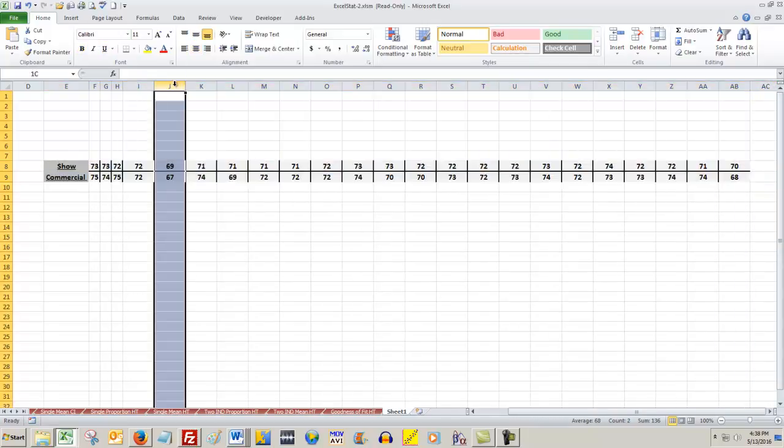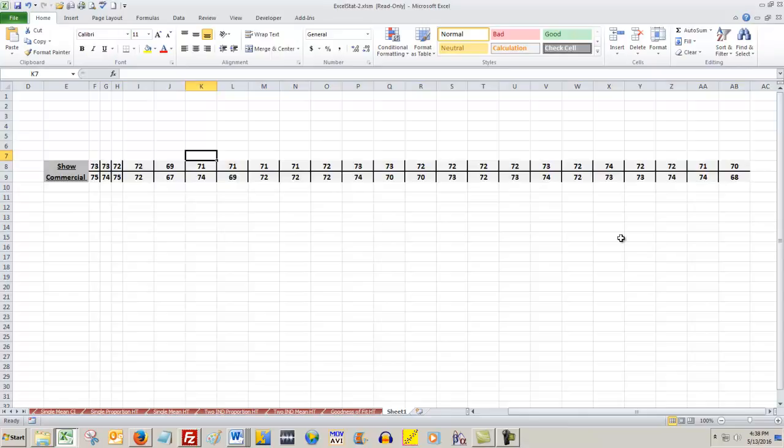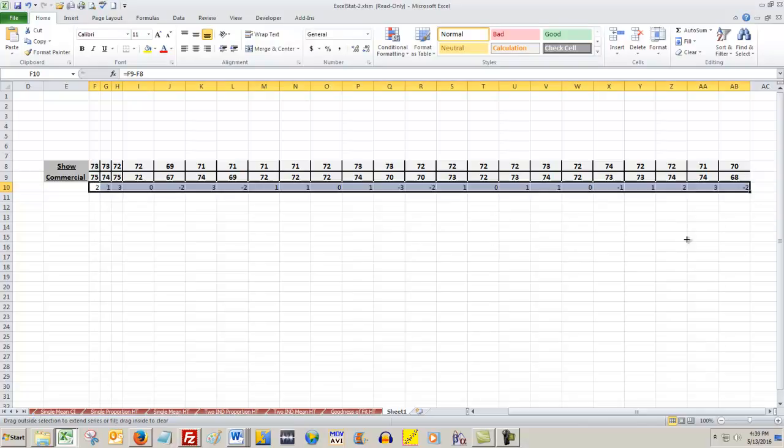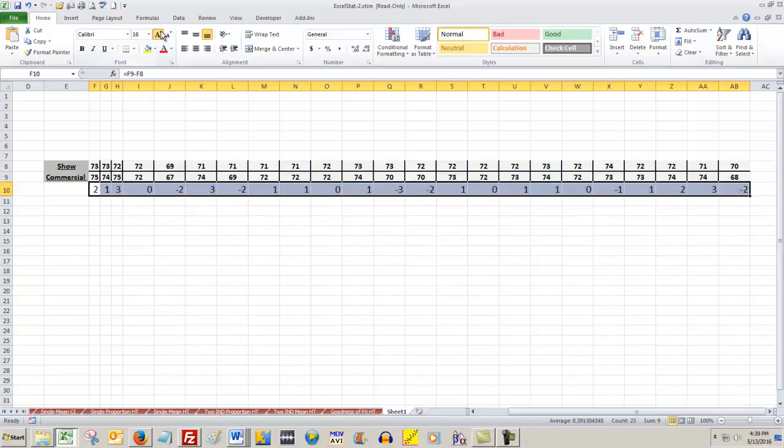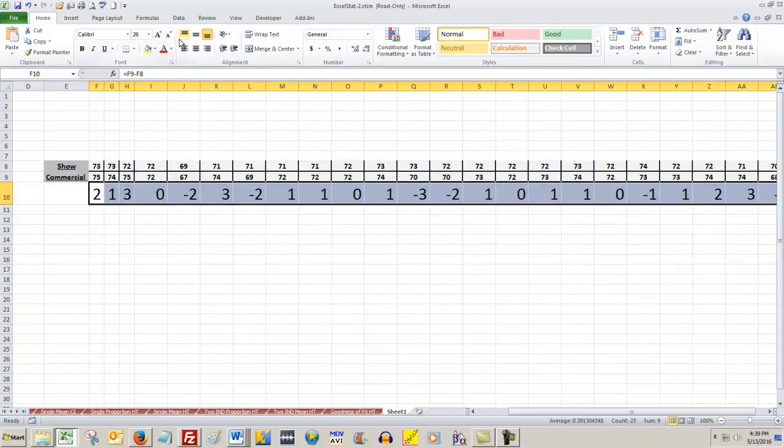I thought you could do it all at once. Oh well, I guess you can. Anyway, there it is. I propose we click in this cell right here and do commercial minus show, and then look at this data, because that's what we were doing kind of conversationally before. Let's make it larger so we can see it, maybe center it so it looks a little bit more obvious. I think this is what we want to look at.